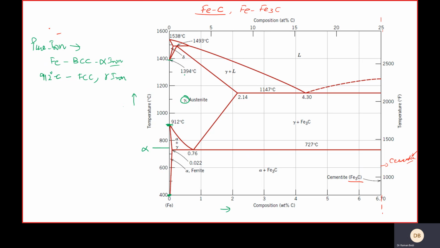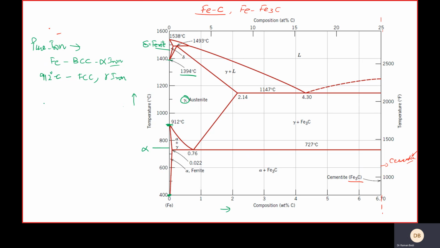at around 1394, pure iron goes again into a BCC crystal structure, which is shown here as delta, also called delta ferrite. So you had alpha ferrite at room temperature. Alpha ferrite at temperatures greater than 912 goes into gamma, which is called austenite, and austenite, on further heating, goes into the BCC crystal structure again, which is known as delta iron, or also called delta ferrite.